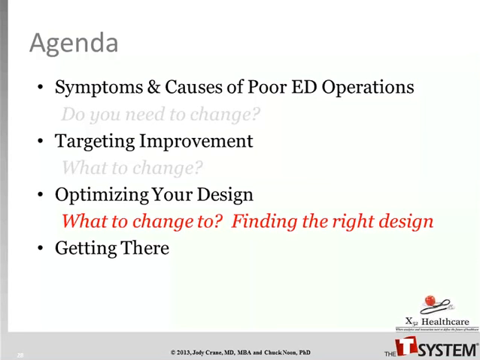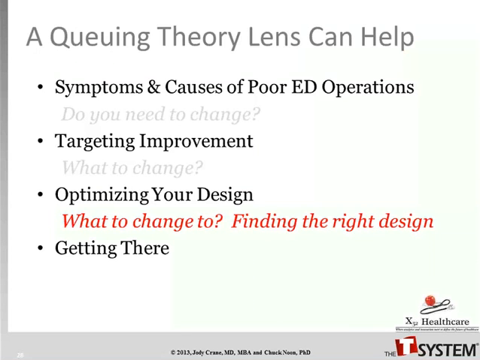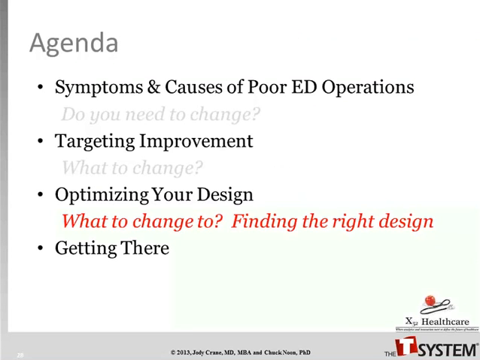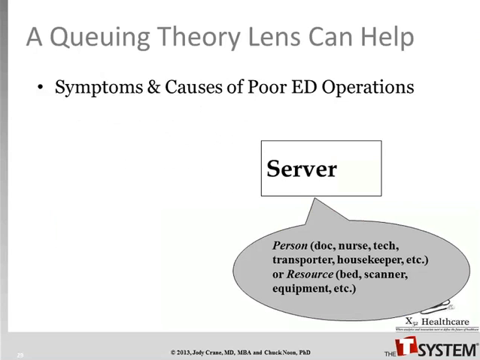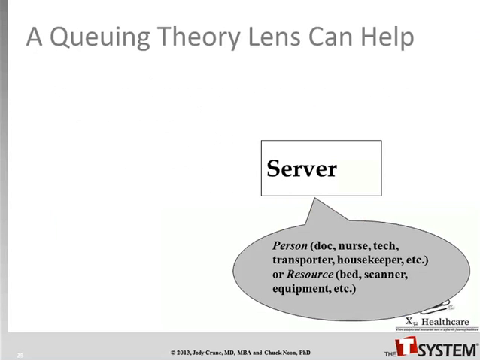Once you really understand where you're going to target your efforts, what are the options that you have for optimizing your design? Before we go into optimizing your design, I think it's important to talk about some of the academics behind it. I know a lot of you over the years have heard about queuing theory.